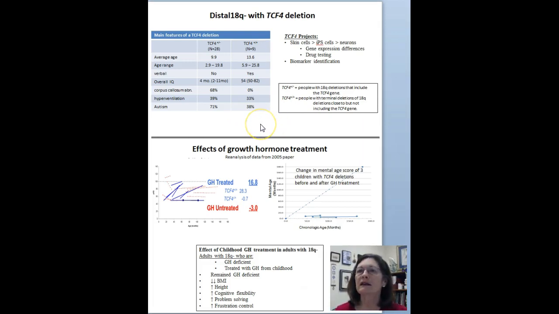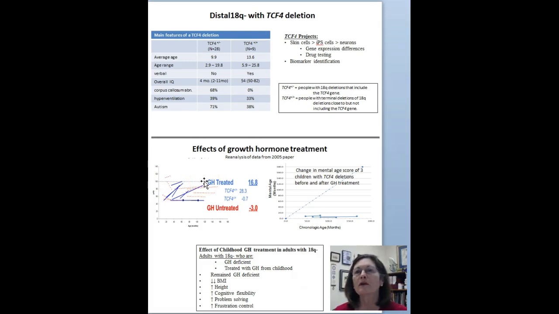And let's see, again, we had a paper in 2005, so an old paper. Here's one of the graphs from that paper showing the IQ improvement. So performance IQ is shown here, and here are the ages of the participants. And you'll see this horizontal dotted line right here in black. That's right at 100.